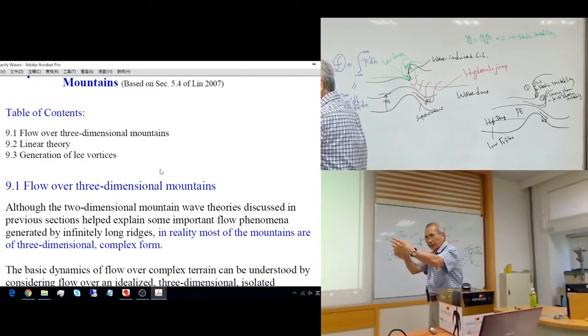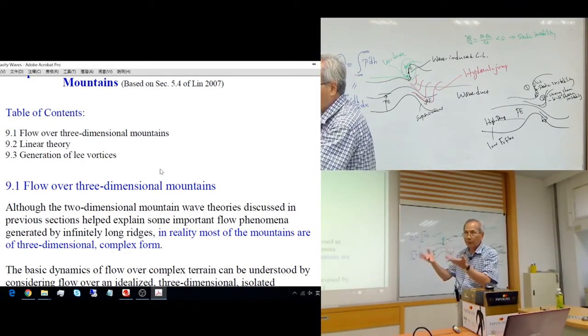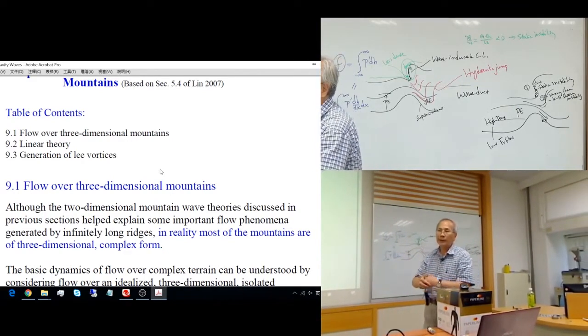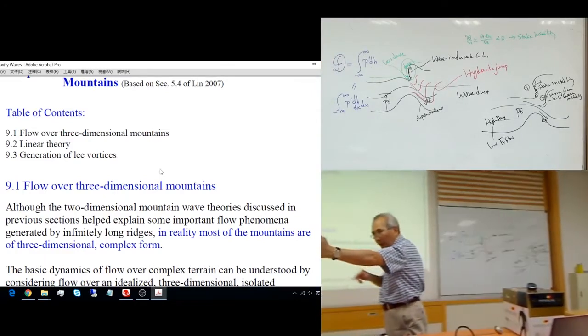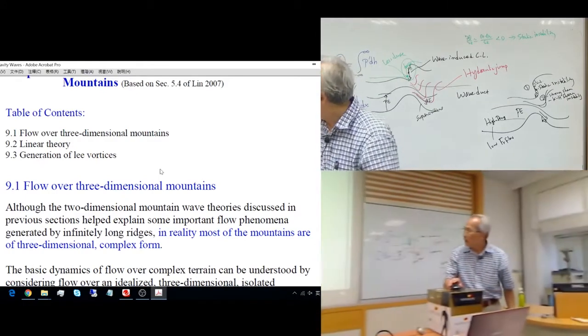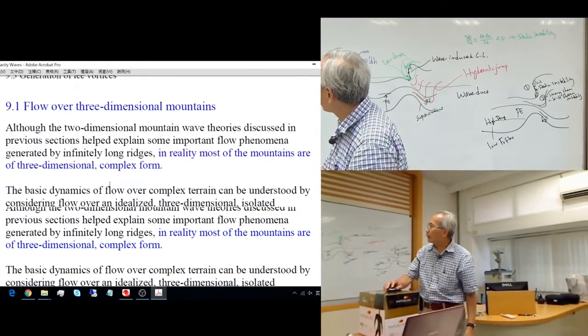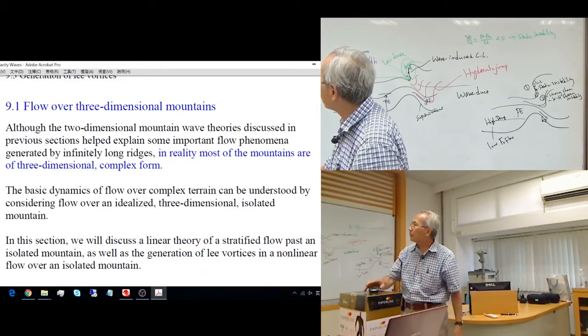If the mountain is a long ridge, then two-dimensional flow can well describe the real mountain. But in reality, we have to add three-dimensional flow, and that becomes more complicated.